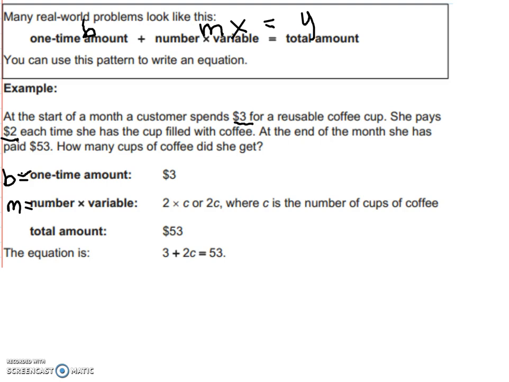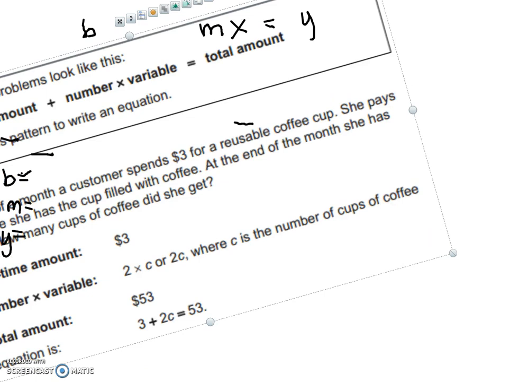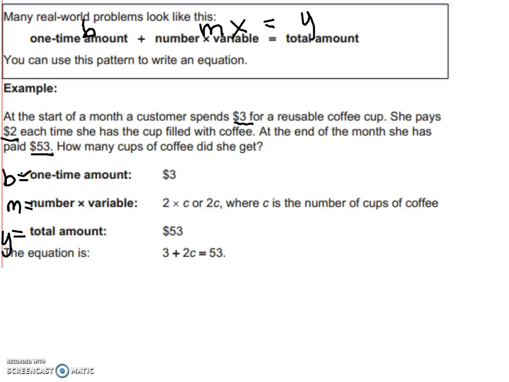How many cups of coffee did she get? $53 is my total. So if I want to write it in the y equals mx plus b format, it will look like this. y equals mx plus b. My constant rate of change is the 2. So 2x plus my one-time fee, plus 3, equals my total, 53.